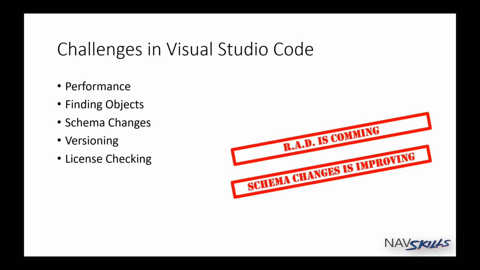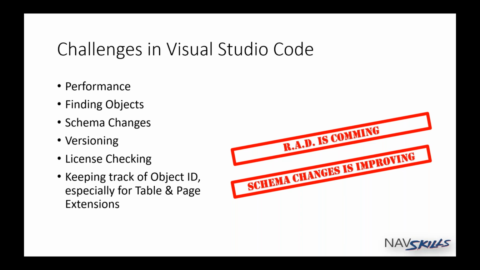And if your license does not have insert permissions, you are not allowed to publish the extension unless your extension is a runtime build. And I'll come back to the runtime builds later, but this is a big problem for a lot of end users because runtime extensions do not allow to be debugged. So I think there's a big challenge for Microsoft here to fix that in the future.